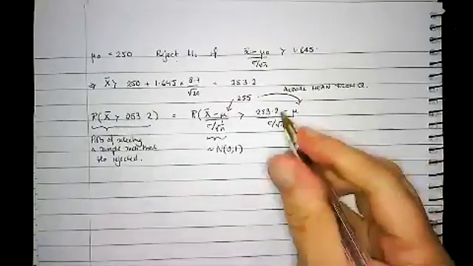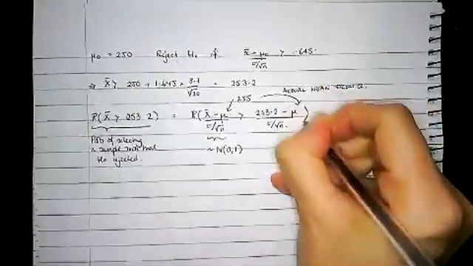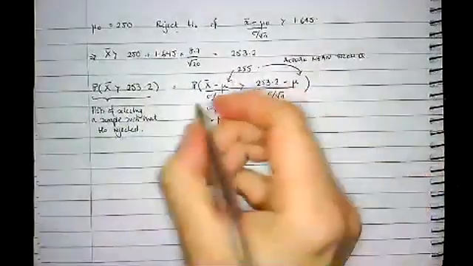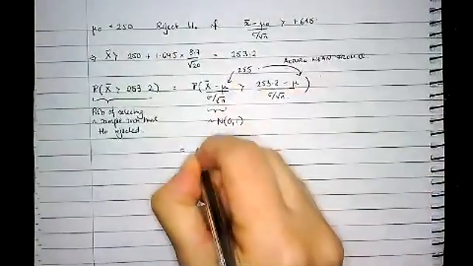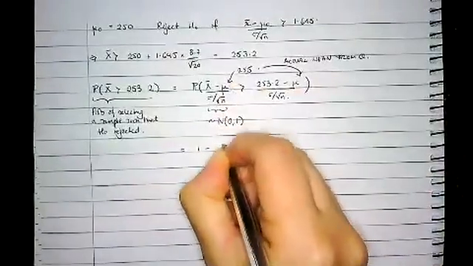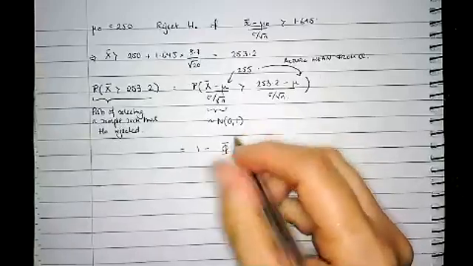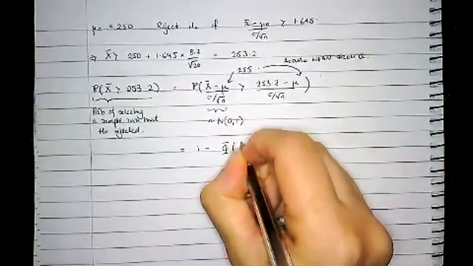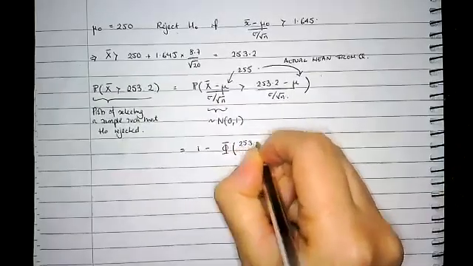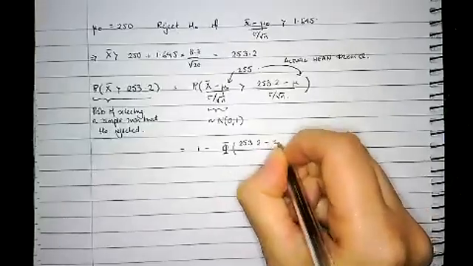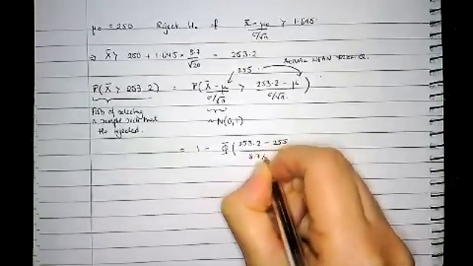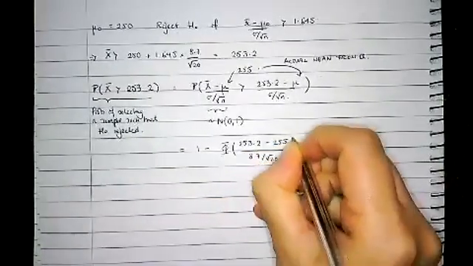So at that stage, I can write this probability in terms of the CDF of the normal distribution. I'm going to get 1 minus the CDF at 253.2 minus 255, over 8.7 divided by the square root of 20.